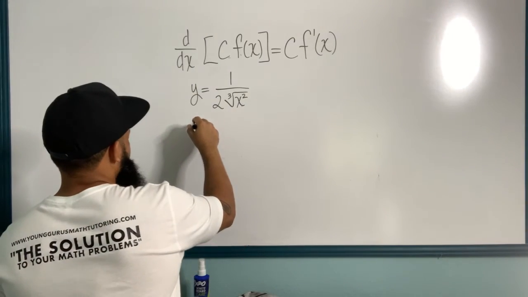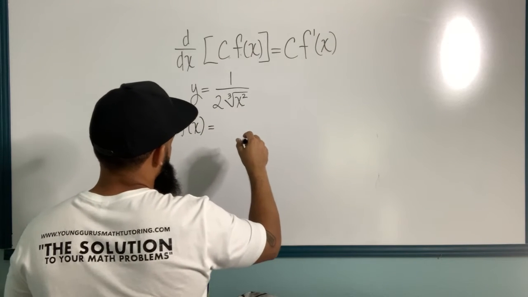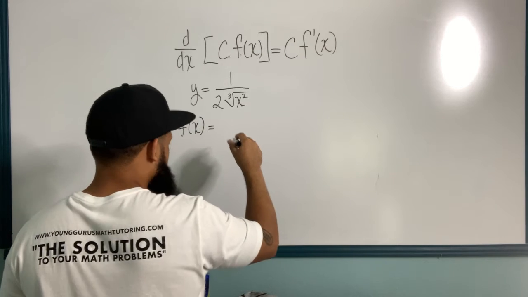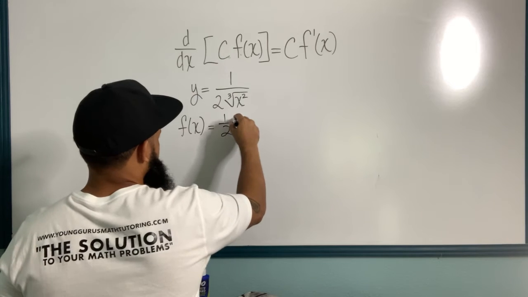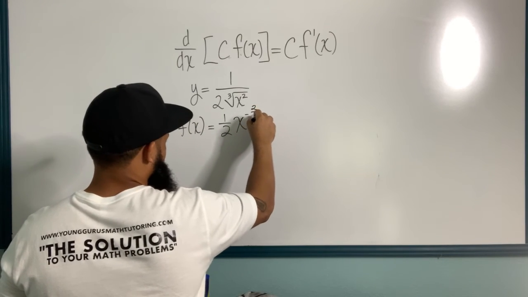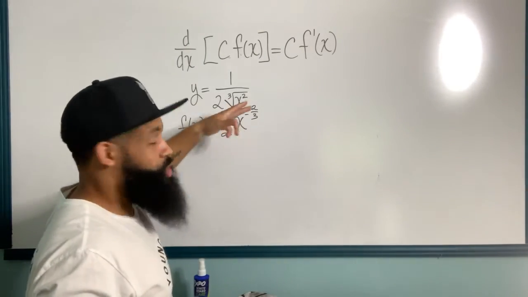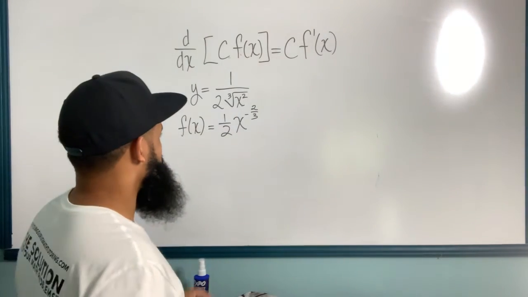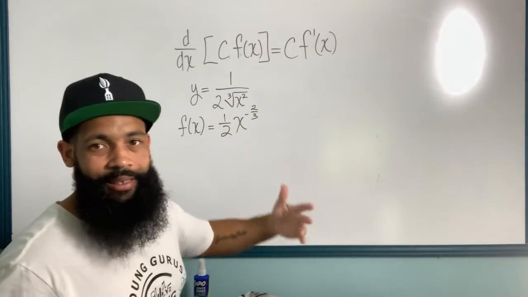So this is actually, I'm going to say f of x equals, let's write it as 1/2, because the 1 over 2, and then we have x to the negative 2/3. Negative 2/3 because this exponent over that one, all right? So remember, the cube root is the 1/3 power, and then times 2, because if we multiply the exponents, 2 times 1/3 gives me 2/3, and it's negative because it's in the denominator.